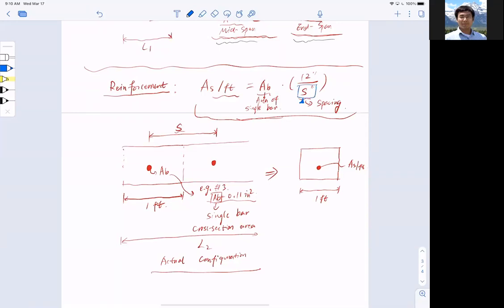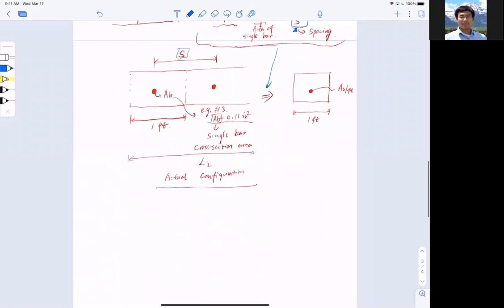So there's a conversion, essentially, to convert a known bar size with a spacing that you have control over into an area per foot. All right, so that is the conversion. Any question about this? Okay, so this is very critical. We need to understand how to do this.